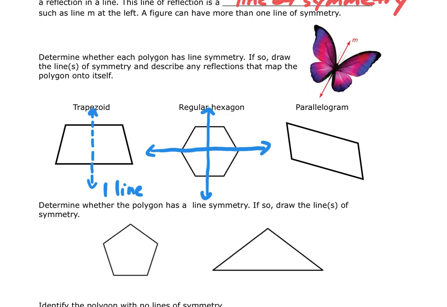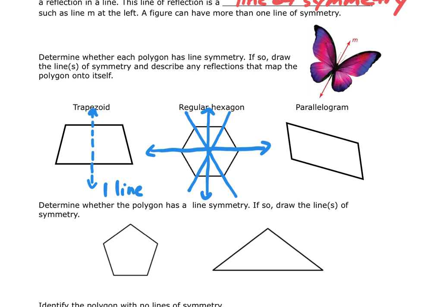Would that be it? Where else could I draw a line of symmetry? Between the middle of every line and through every point, the vertices, yep. So I could do one like this, because I'm splitting that figure right in half. I could go through the other vertices, like that.